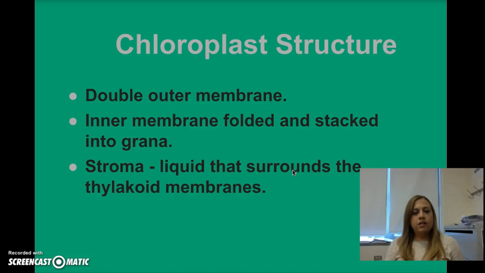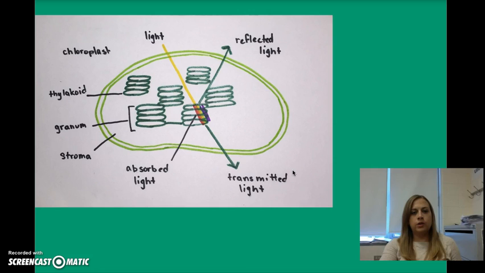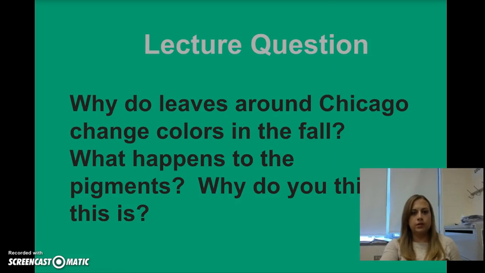Then they have the inner membrane that's folded and stacked into the grana, and the stroma is the liquid part that surrounds the thylakoid membranes. Again, this is the same diagram as before. You have your thylakoids stacked together. When they are stacked, you call that entire stack a granum, and the stroma is the liquid part that surrounds it and runs throughout the chloroplast.